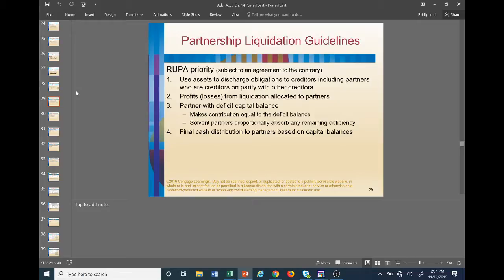Liquidating distributions should be made to the partners to the extent that they have credit surplus capital balances. After settlement of the partners' accounts, each partner shall contribute in proportion to the manner in which they share losses an amount necessary to settle partnership obligations that were not known at the time of the settlement.